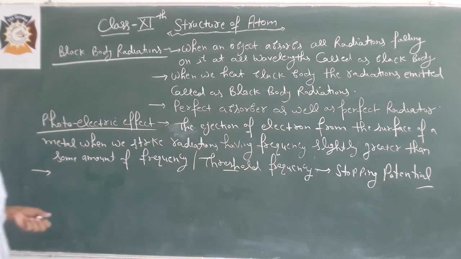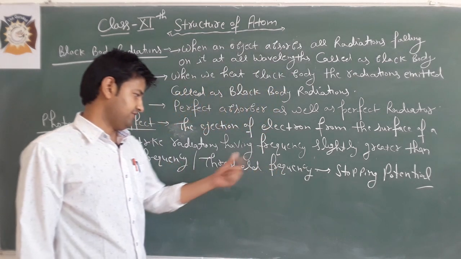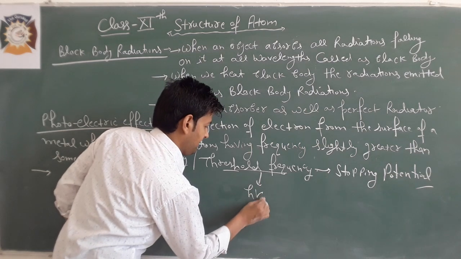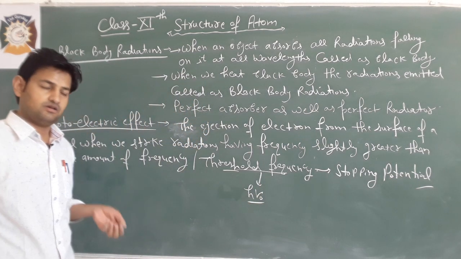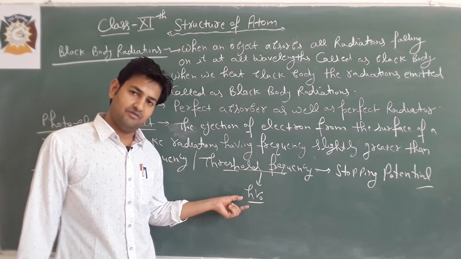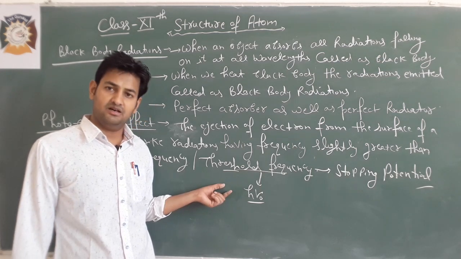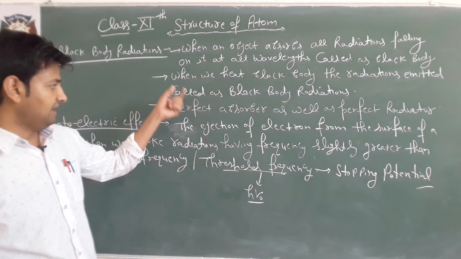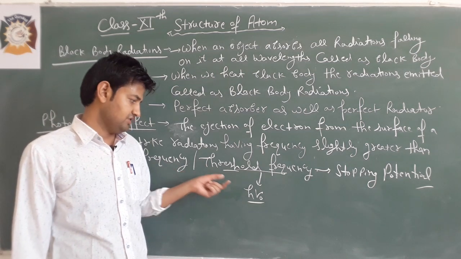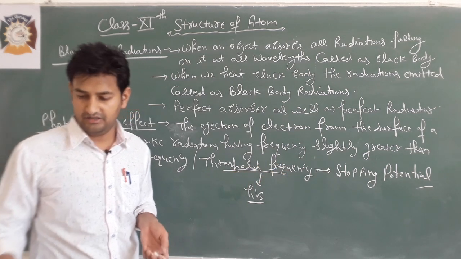The energy of this threshold frequency is calculated as h nu naught. This energy is called the threshold energy. For radiations having energy more than this energy, electrons will be ejected, otherwise electrons will not be ejected if the frequency or energy is less than the threshold frequency or threshold energy.